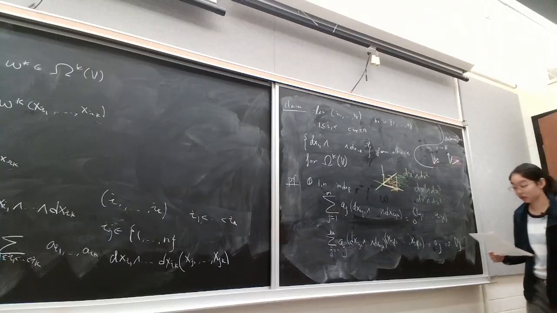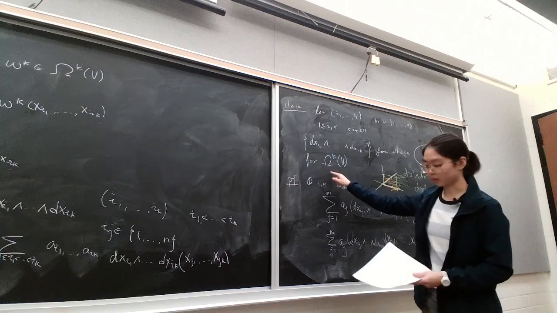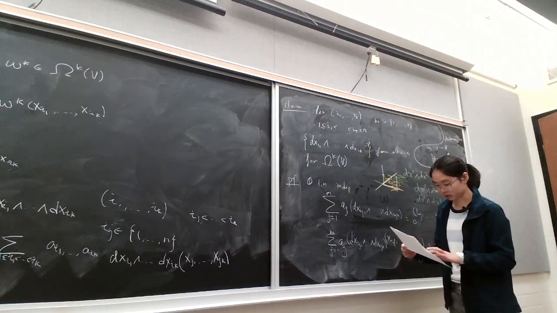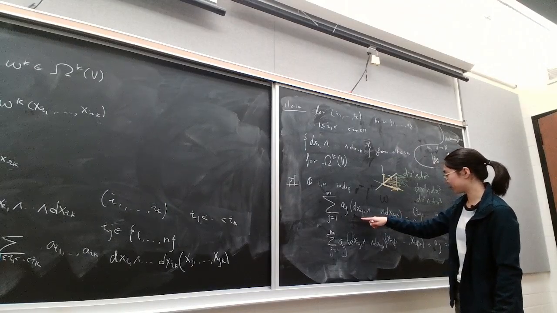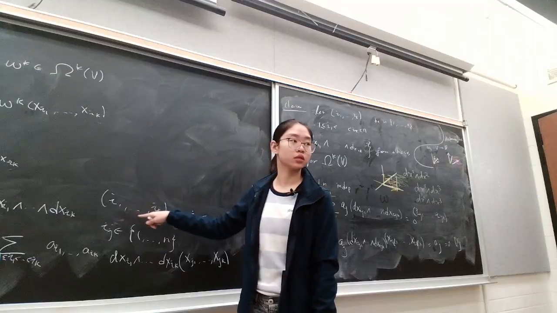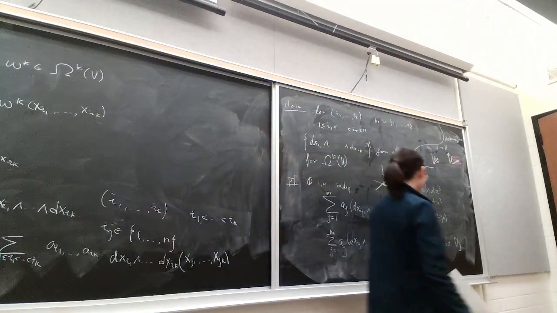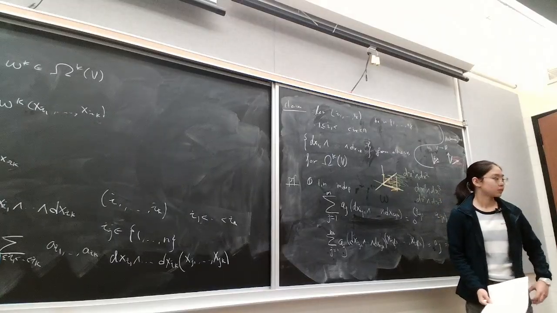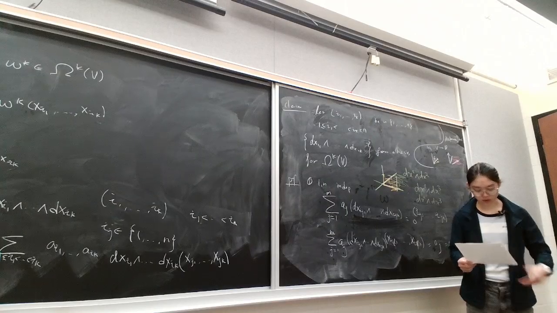Okay. Another note is that the dimension of the set of k-forms over V is equal to n choose k, just by choosing all the possible k-tuples. You choose k numbers from n, so it's n choose k. So this is like how many distinct k-dimensional cubes do I have in an n-dimensional space.